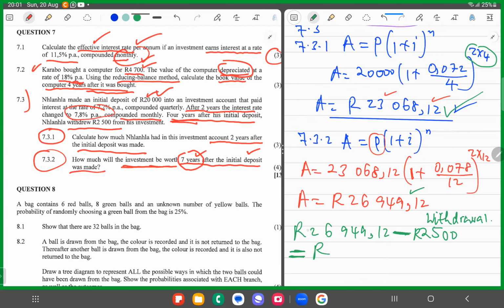So then you have 26,949.12. You subtract the withdrawal amount. So that is the withdrawal amount. So now if this one is the withdrawal amount, if you subtract 2,500, you get what?